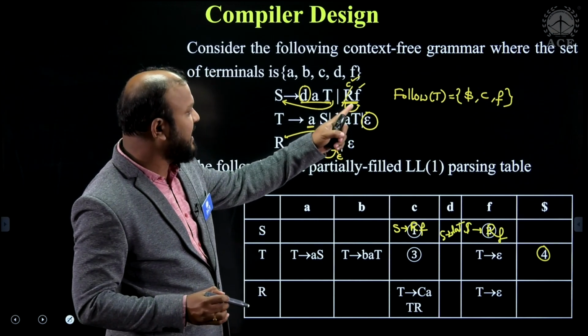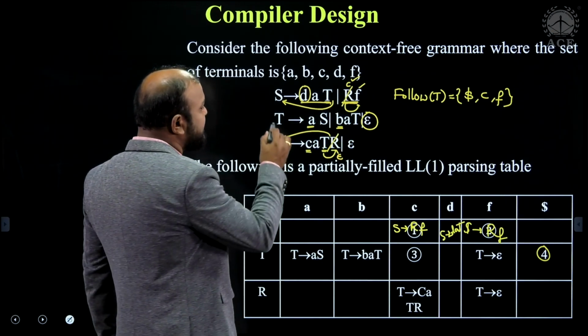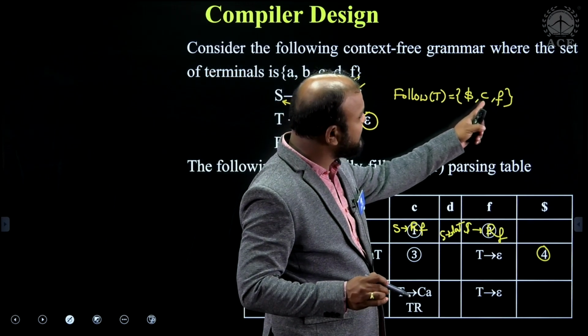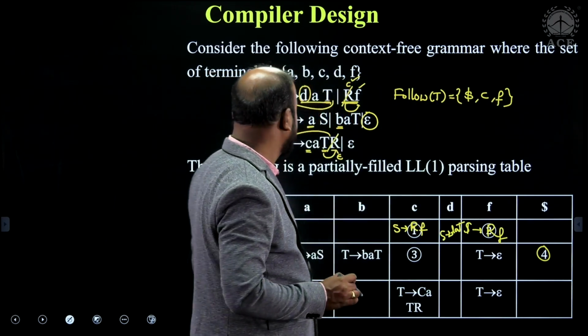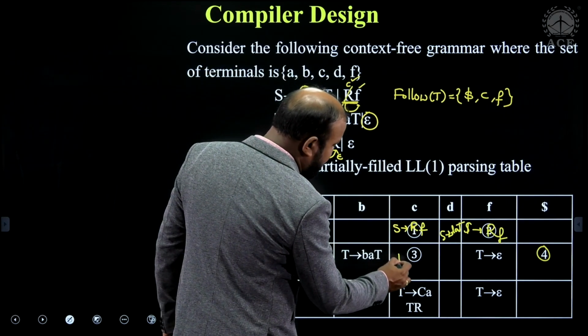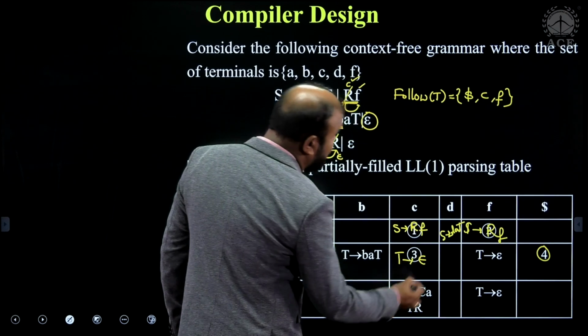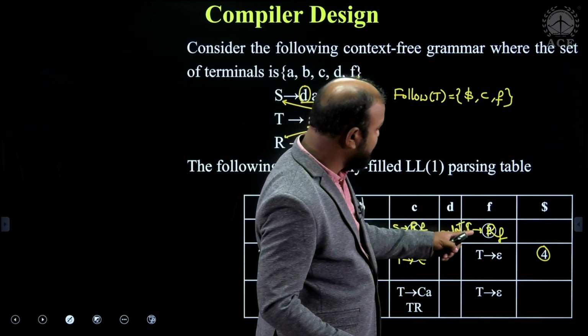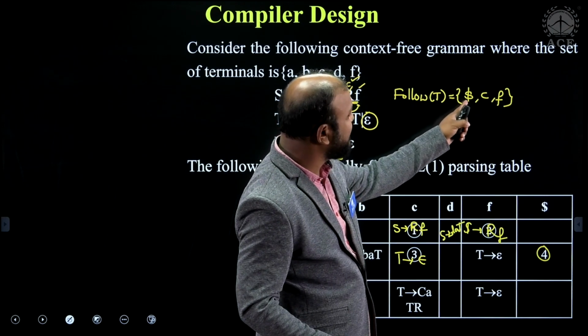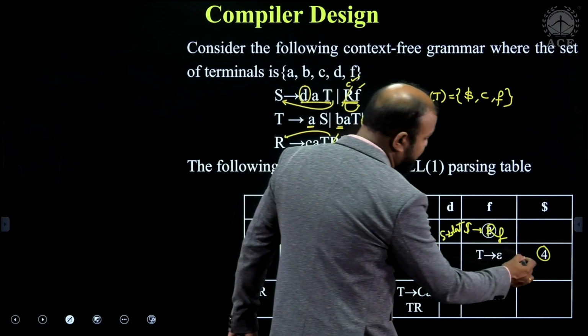Dollar, C and F. It means T tends to epsilon, you write in the columns dollar, C and F. T tends to epsilon in column C, T tends to epsilon in column F, already there, and it is also required in column dollar.